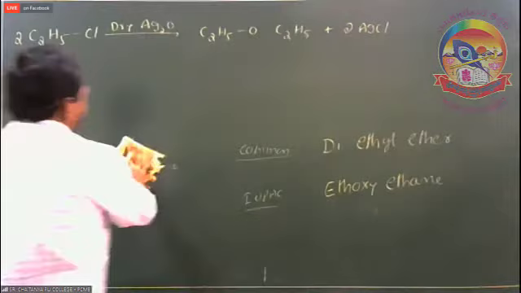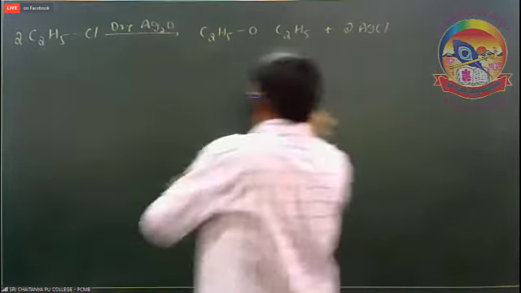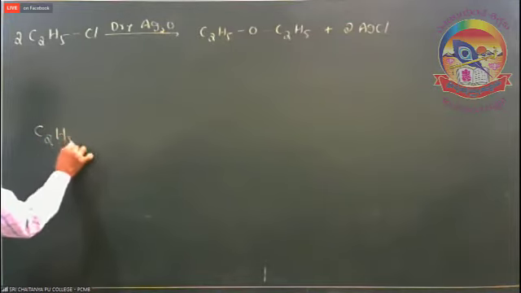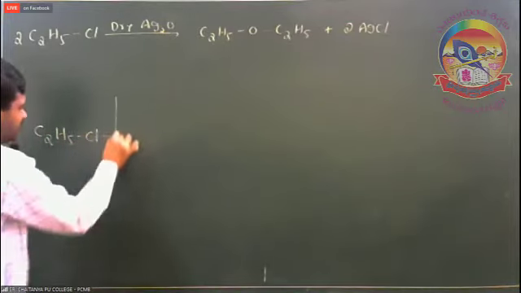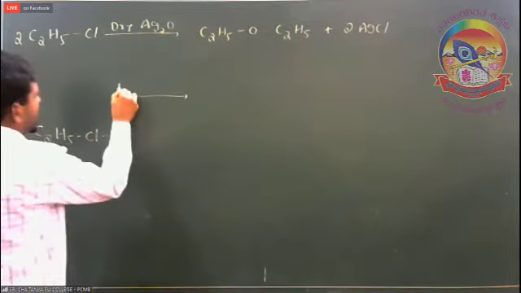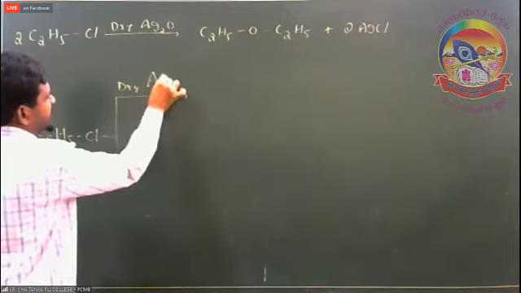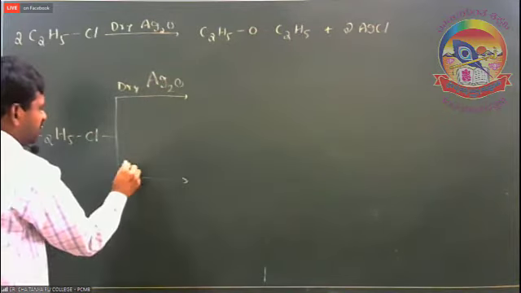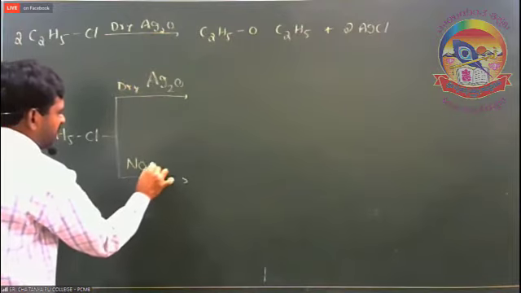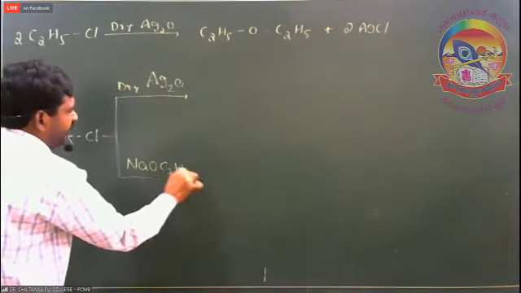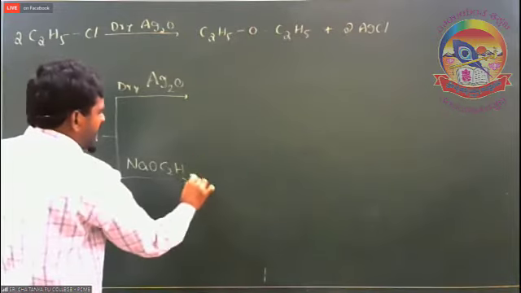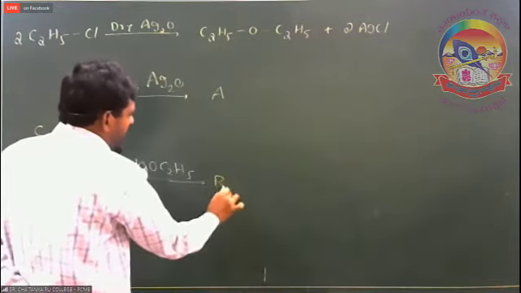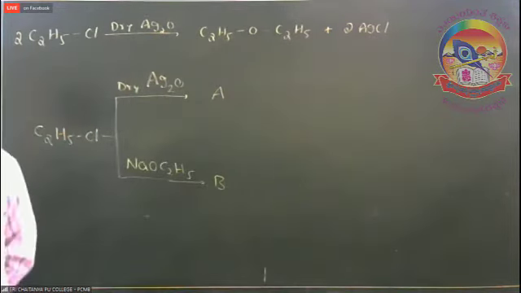In the preparation of diethyl ether, C2H5Cl is treated with dry silver oxide, Ag2O, to give product A, or it is treated with sodium ethoxide, NaOC2H5, to give product B. What are A and B?